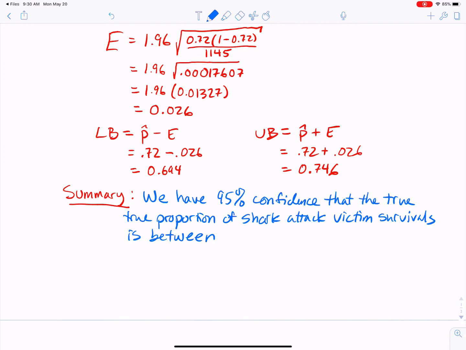And we say it's between 69.4% and 74.6%. So what that means is, if you're ever attacked by a shark, there's between a 69 and 74% chance that you're going to survive, which I guess is better than no chance.